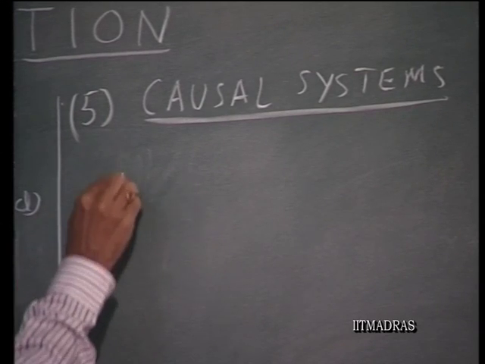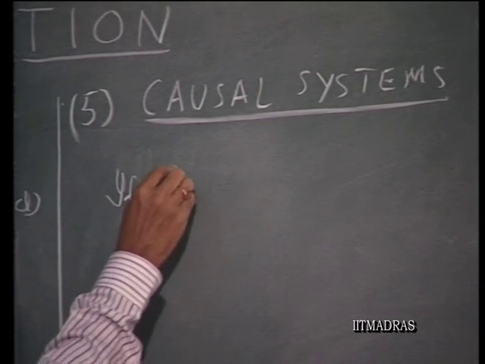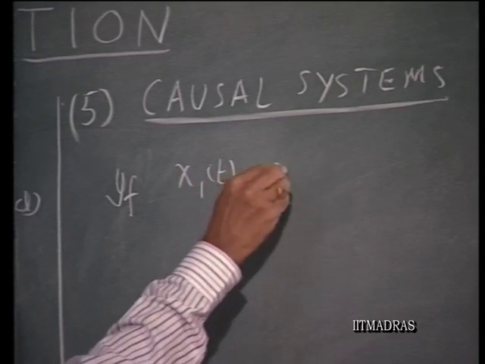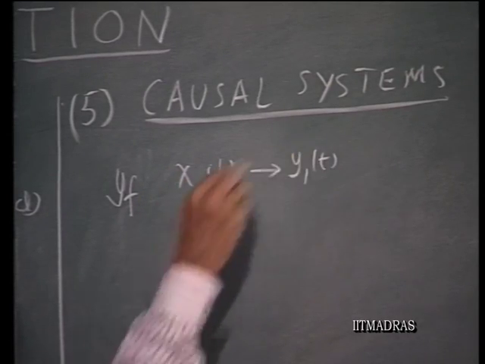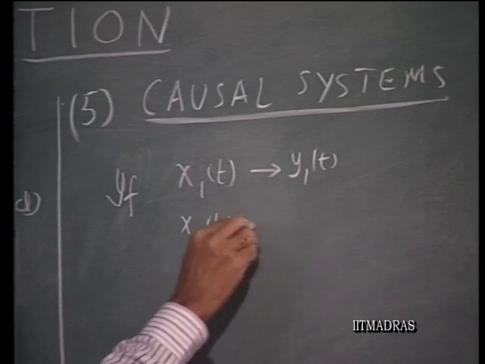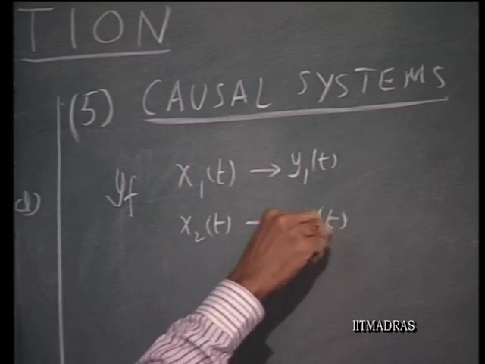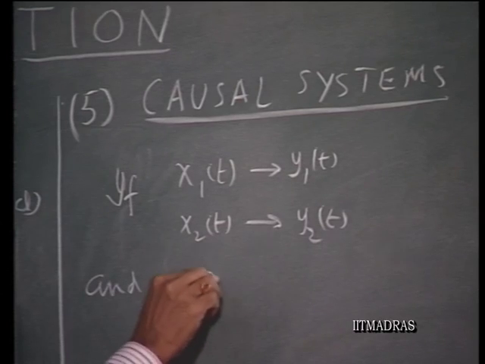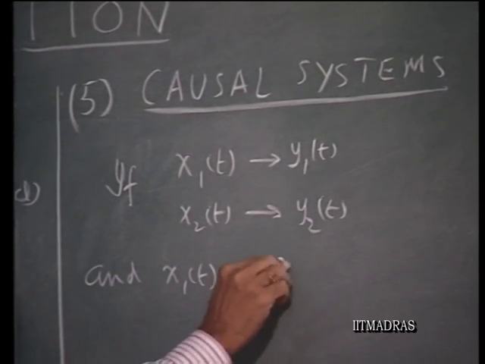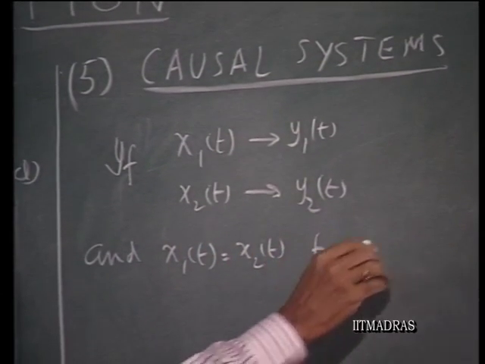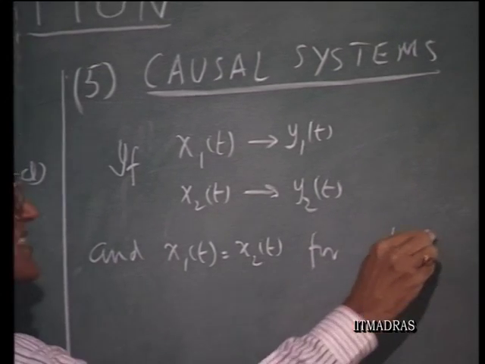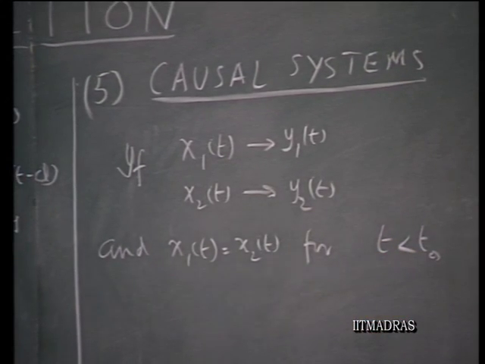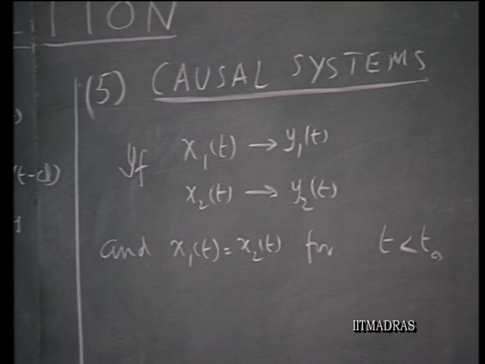If you have two inputs, x1 of t, which gives rise to a response y1 of t, and x2 of t, which gives rise to a response y2 of t, and further, let us say x1 of t equals x2 of t for t less than some point t naught. That means up to some point t equals t naught, both inputs are the same.